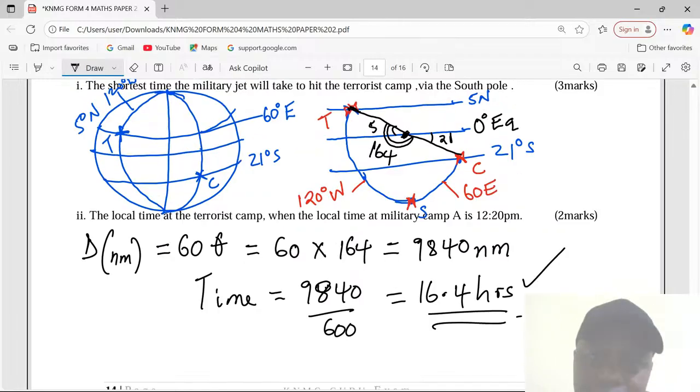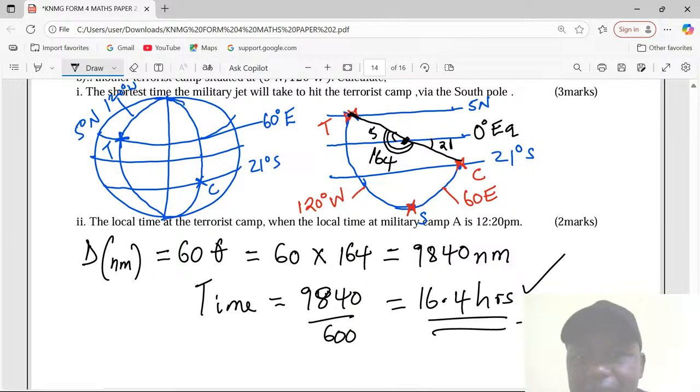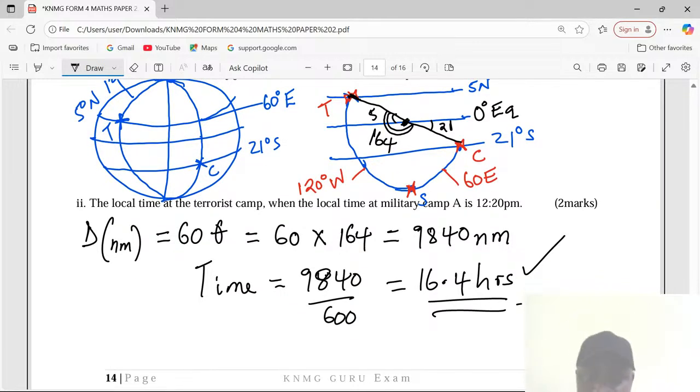That question really required serious analysis, a serious understanding by the student before they attempt to understand what kind of a great circle we are tracing.